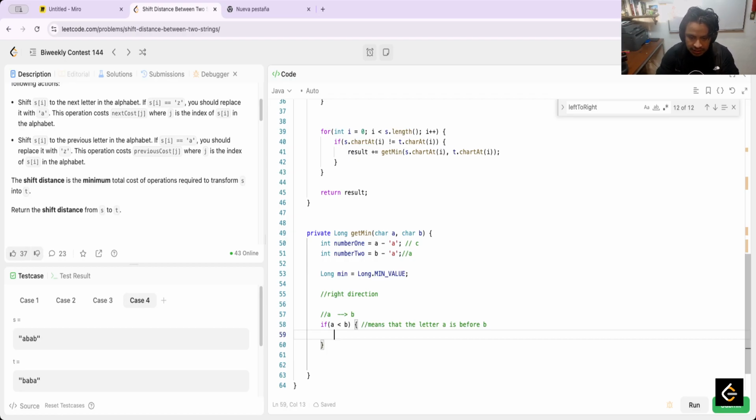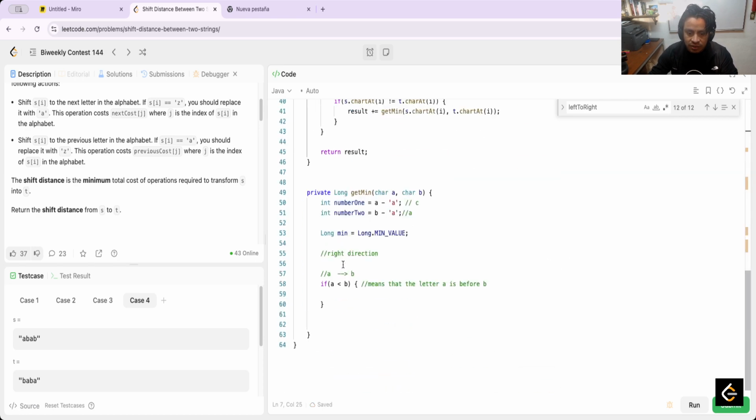And in this moment is rotation next cost in the position B.